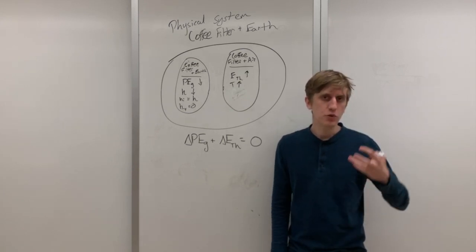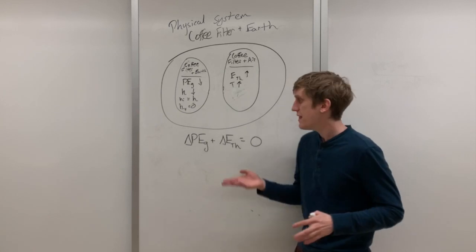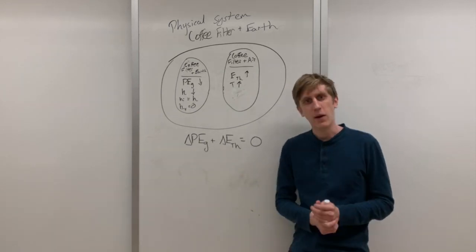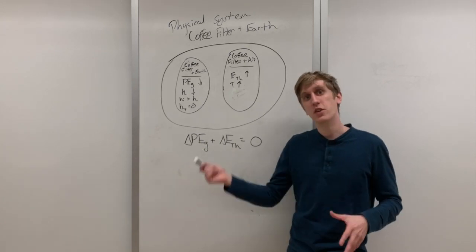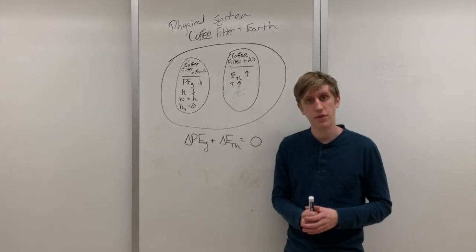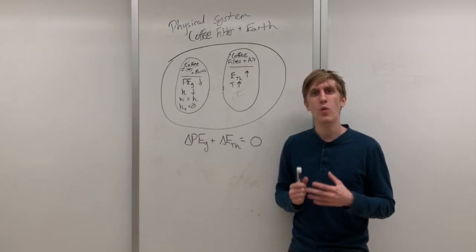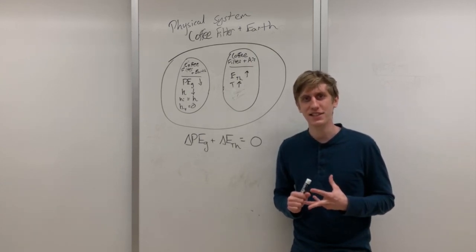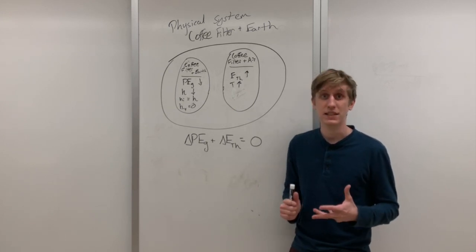While we have introduced internal energies and mechanical energies separately, there is no reason they can't work together. In this case, the gravitational potential energy is turning into thermal energy. We'll see examples in the future of how we can include even more energy systems in our diagrams to analyze more complex situations.